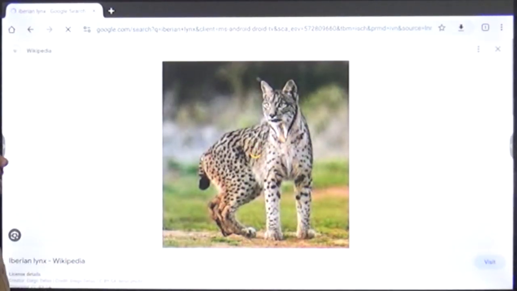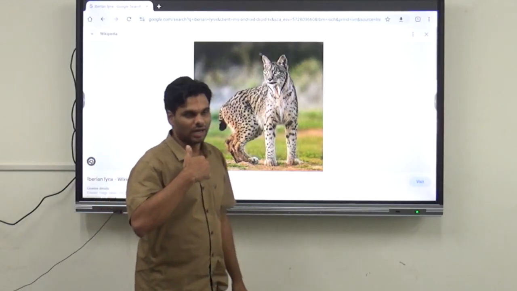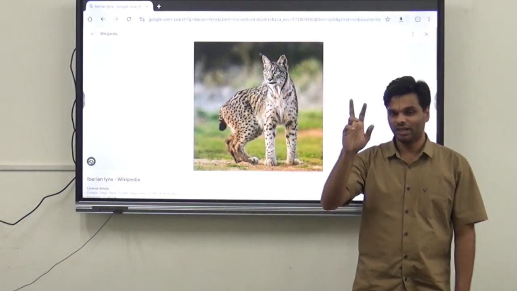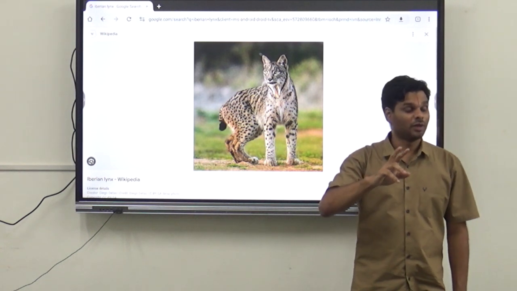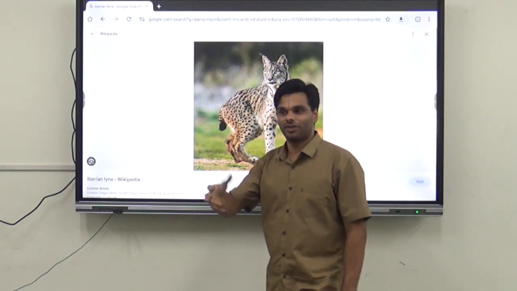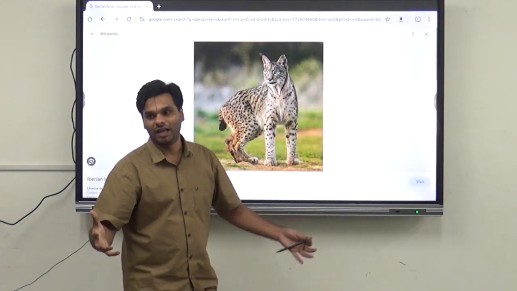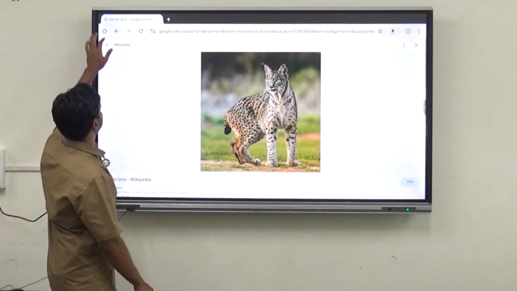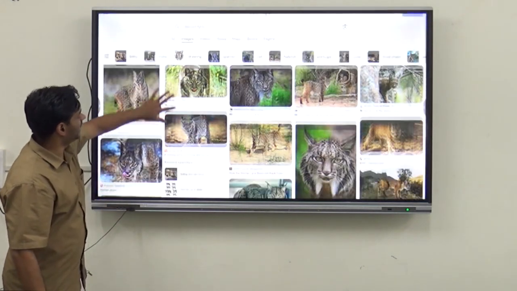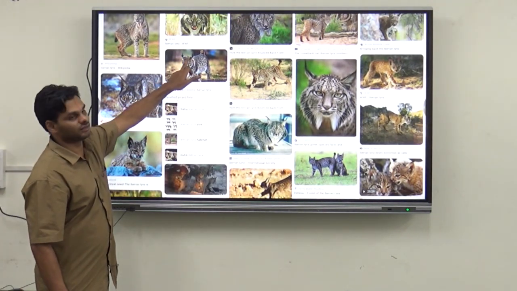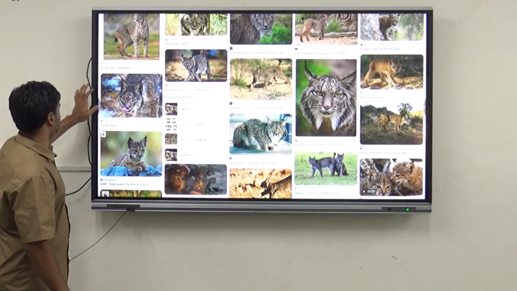So this is the Iberian lynx. So in Europe they have managed to hunt down all the cats. They have nothing. Same is true in America also. The biggest cat that they have is which one? Mountain lion or puma. You would have heard of a brand, you would have heard, no? Puma. Mountain lion is the same thing. Mountain lion, puma, everything is the same. That is the biggest one that they have. So this is an Iberian lynx. It is characterized by its ears. Okay. So in Spain you will find this.